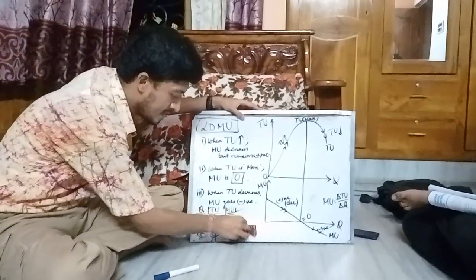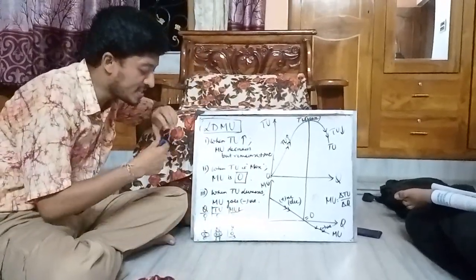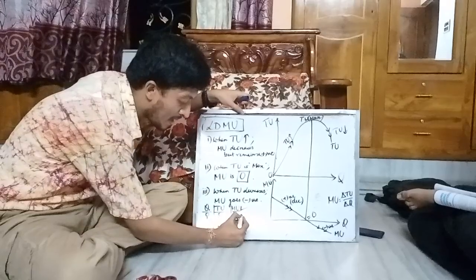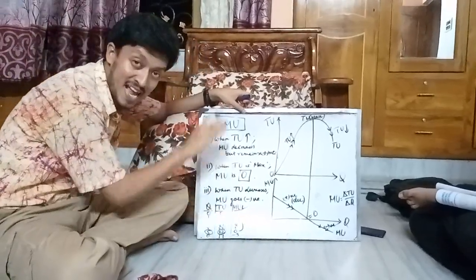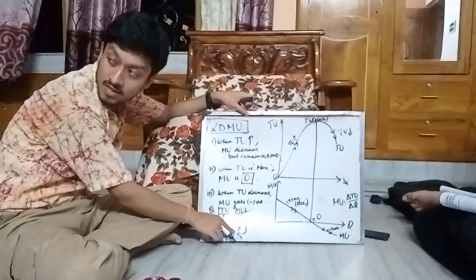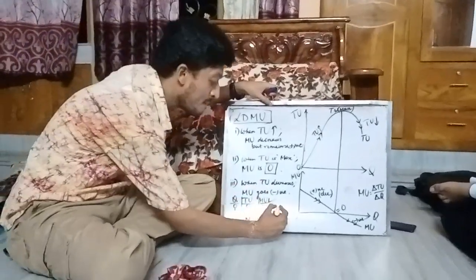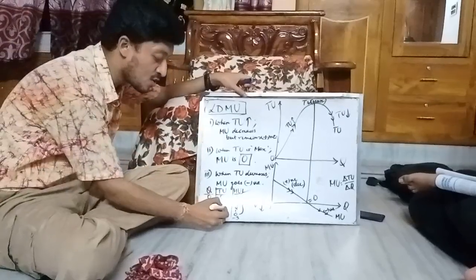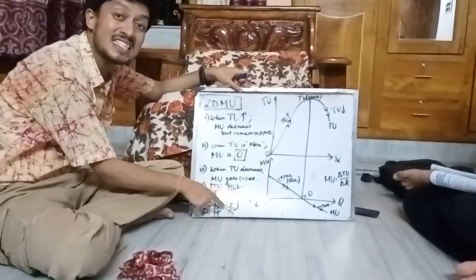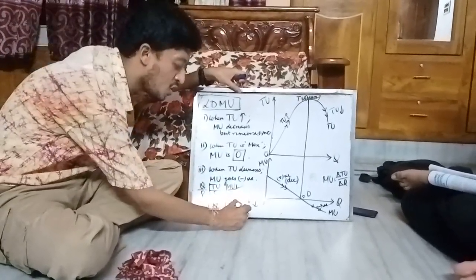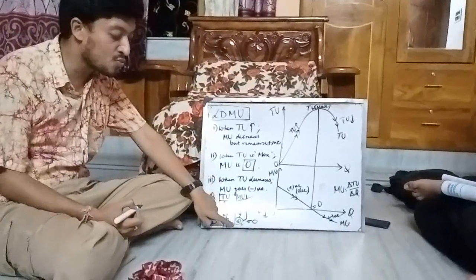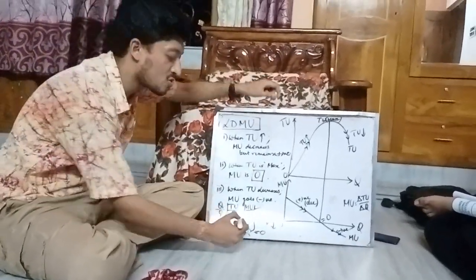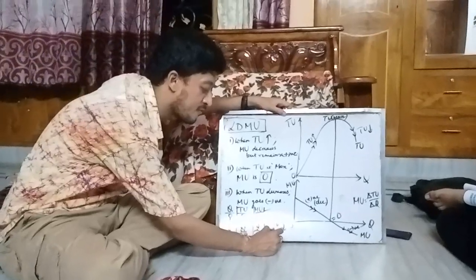One is the first stage in which you can find the marginal utility falling: 10, 7, 4 and 1. Marginal utility decreases. The second part is where marginal utility has become what? 0. Here MU is equal to 0. And the last one is MU equals minus 3. So the last part is negative.